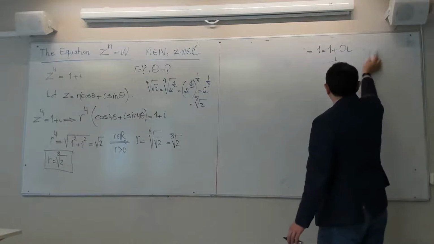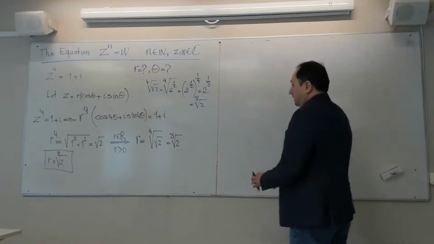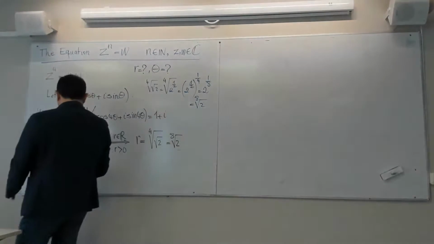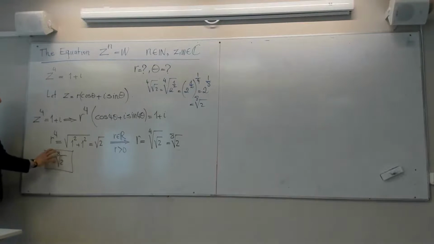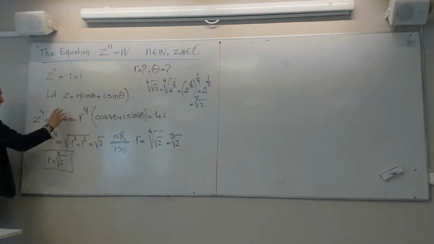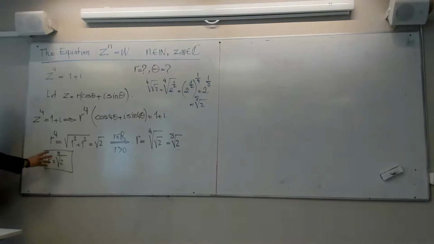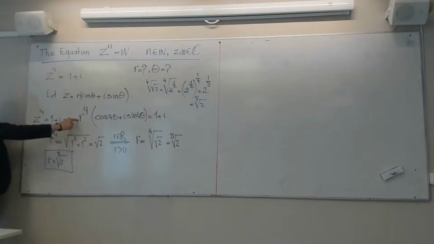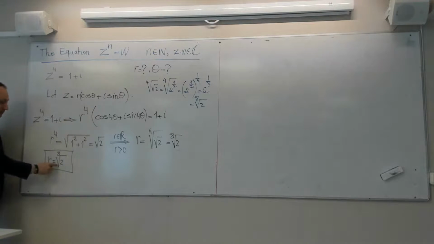So how should I calculate theta? I have to plug this back into my equation. So here you have to be a little bit careful. I plug this back into my equation. Instead of r, I put this one.